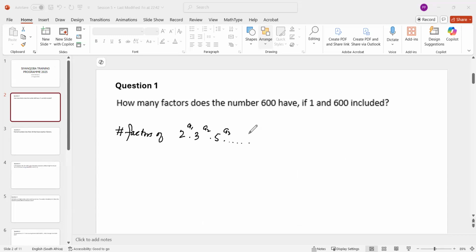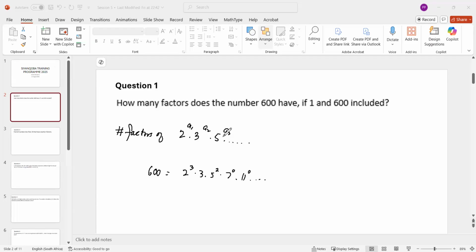Every number can be written as a product of prime numbers. Yeah, I'm including the a's to be 0. Sometimes, like for instance in 600, that's a bad example, but what did we have? 2 cubed times 3 times 5 squared. I could put 7 to the 0, 11 to the 0, and so on, because these are all ones.